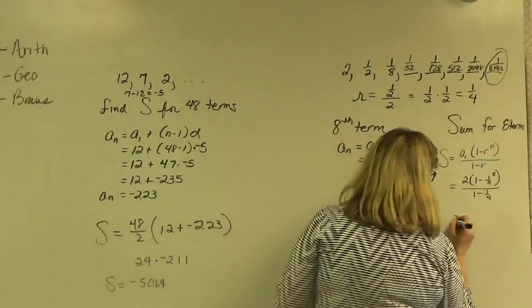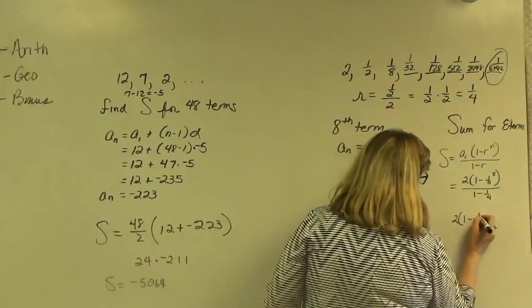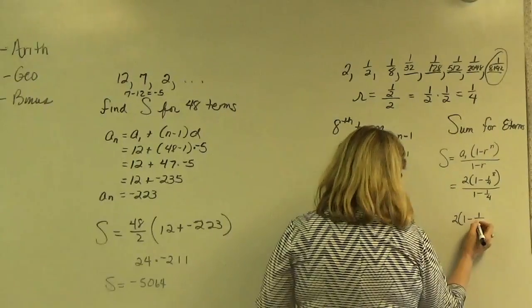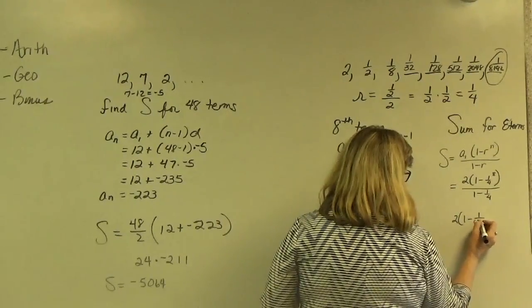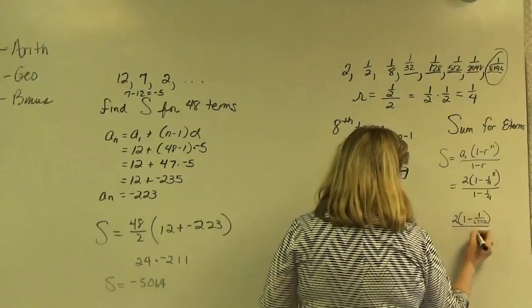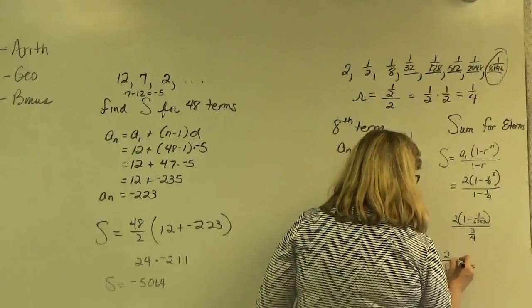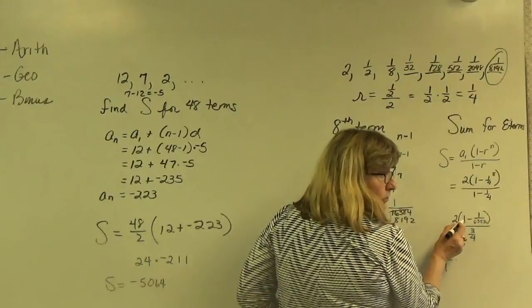So we've got 2, 1 minus, somebody tell me what 4 to the 8th is. 4 to the 8th is 65,536. Yeah. And 1 minus 1/4 is 3/4, right? So I've got 2 over 1. 1 is the same thing as 65,536 over 65,536, right? So subtract 1.